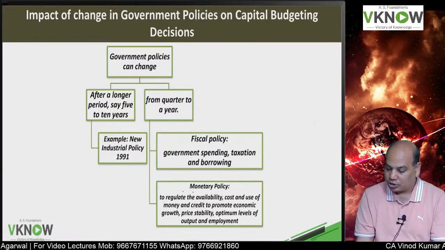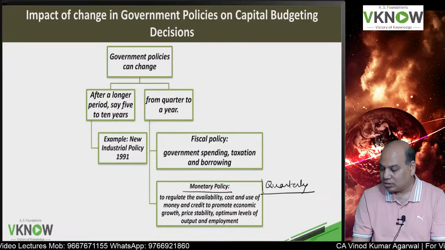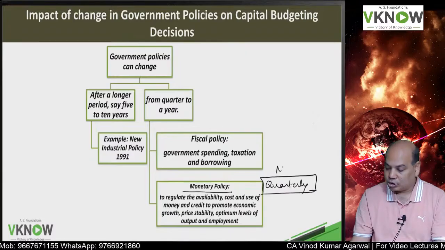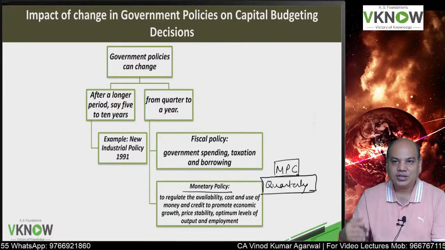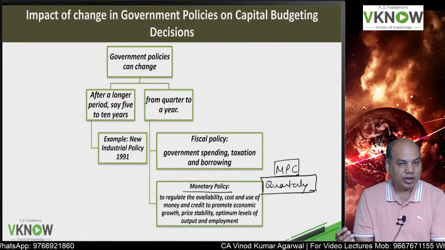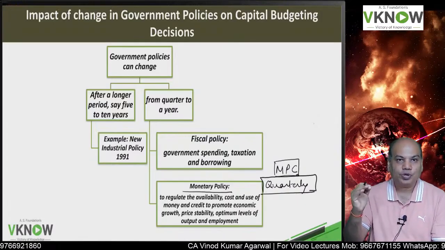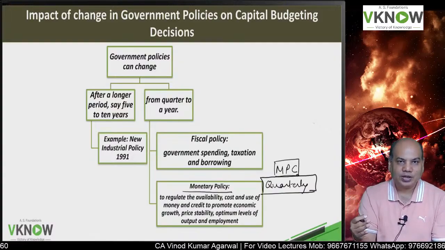Another is monetary policy. Have you heard of RBI coming out with a quarterly review of the monetary policy? Every quarter, the monetary policy committee meets and they make some changes in the policy if required. For example, they can increase or decrease the repo rate, the rate at which RBI lends to the bankers.